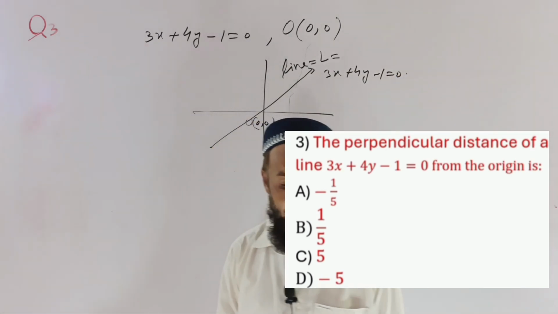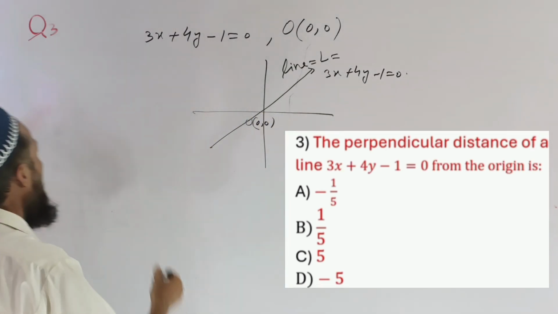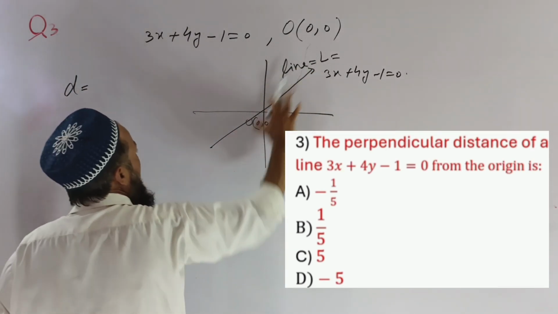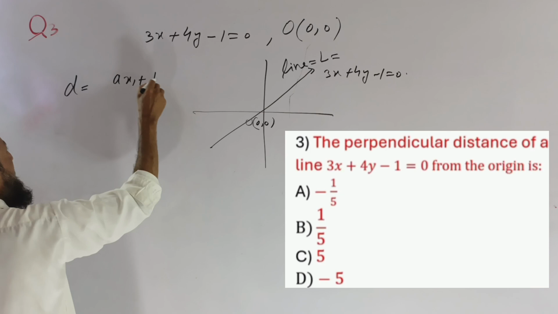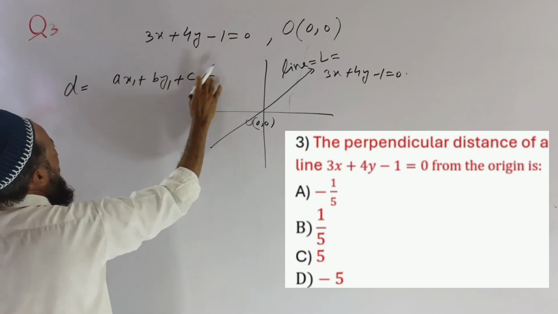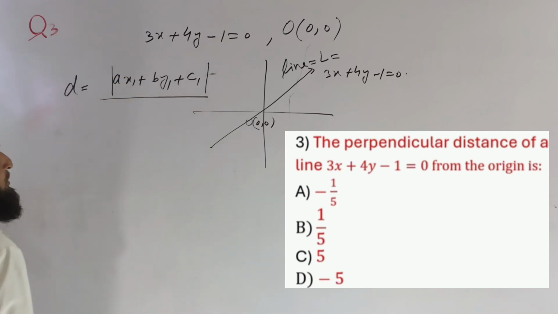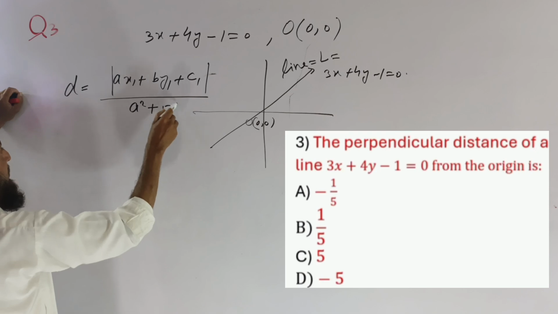If the perpendicular distance is required, we know the formula for the perpendicular distance from a point to a line: d is equal to the modulus of ax1 plus by1 plus c, divided by the square root of a square plus b square.